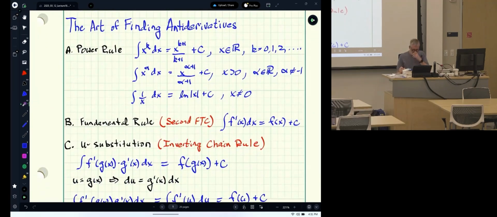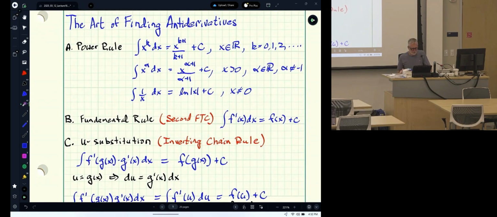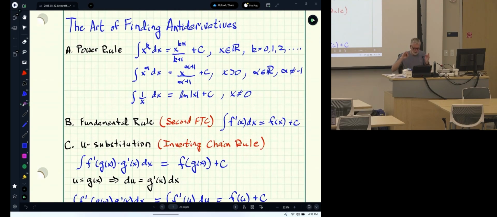We have aptly titled this section The Art of Finding Antiderivatives, because as we discussed, the decision of when and how to apply any of these methods, and we've got three more to go, is a game time decision, okay? Just like in a sport, you may decide to charge, you may decide to retreat and defend.